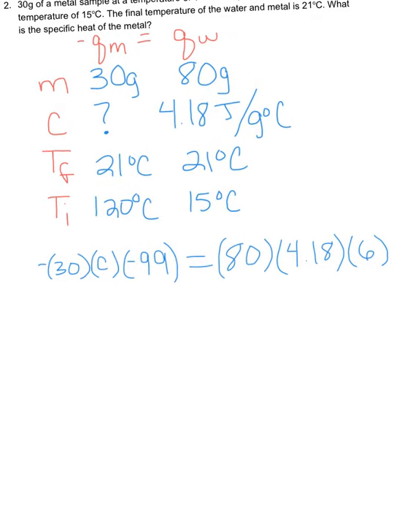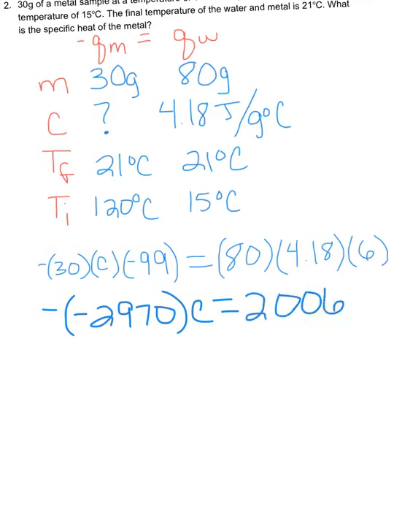So now we just multiply everything out to solve for C. On the metal side, multiplying everything, we come up with negative 2970 C. On the water side, multiplying everything out, I come out with 2006.4.